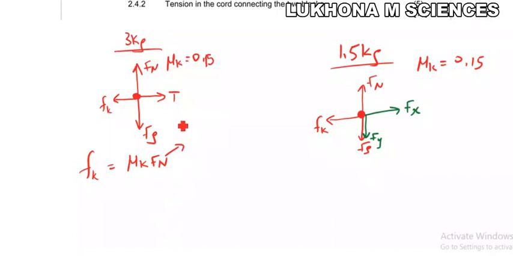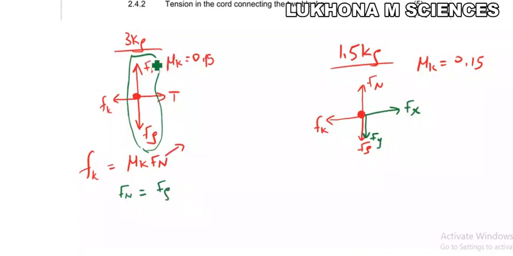When you calculate the frictional force, you must first consider the vertical forces. In our case, we have 2 vertical forces. To make it easy, since we are calculating the normal force, always say the upward forces are equal to the downward forces.